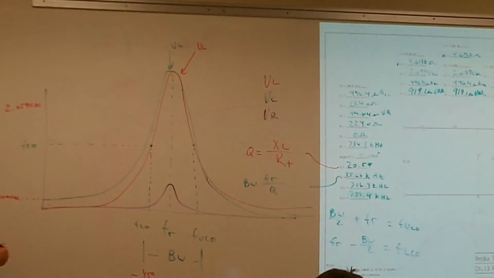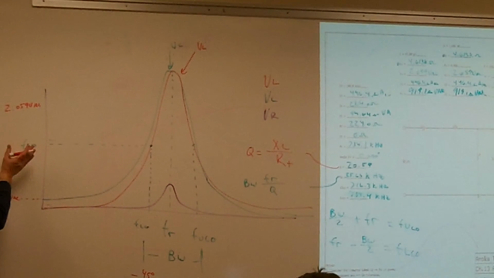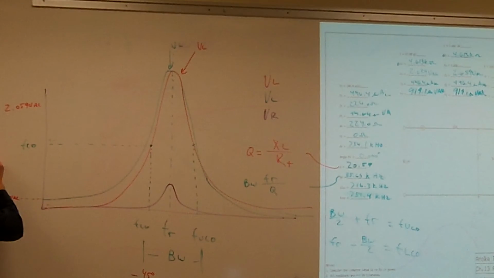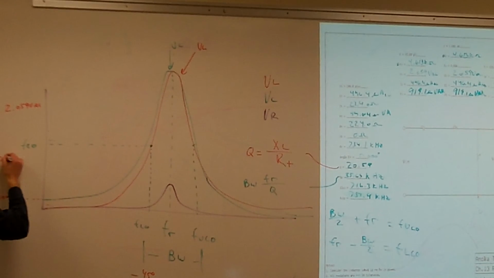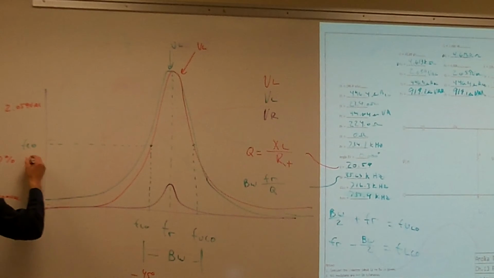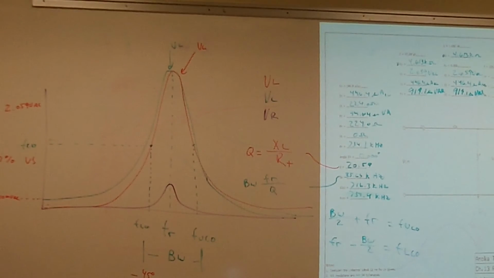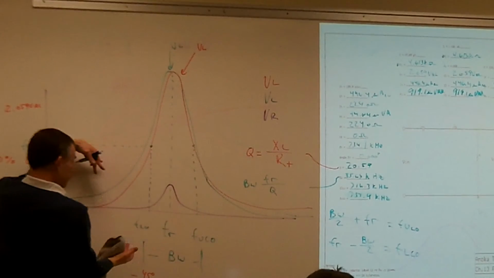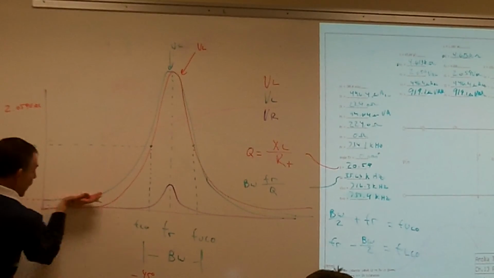Those are my frequency cutoffs. This is going to happen where, and all these voltages are going to happen, so any of this voltage at this point is going to be approximately 70.7% of my voltage source. Now, like I said, this isn't to scale so you can see the bandwidth, because my voltage source, remember, is way down here.